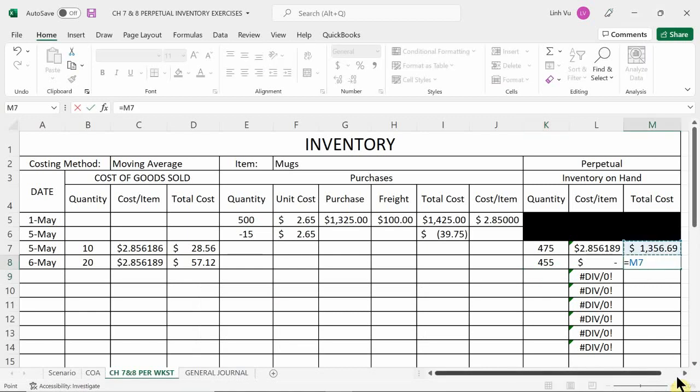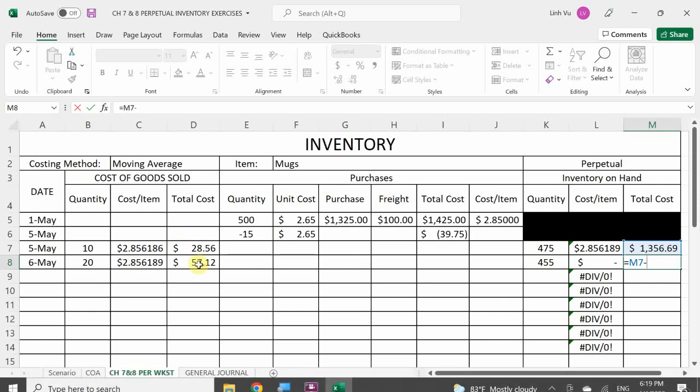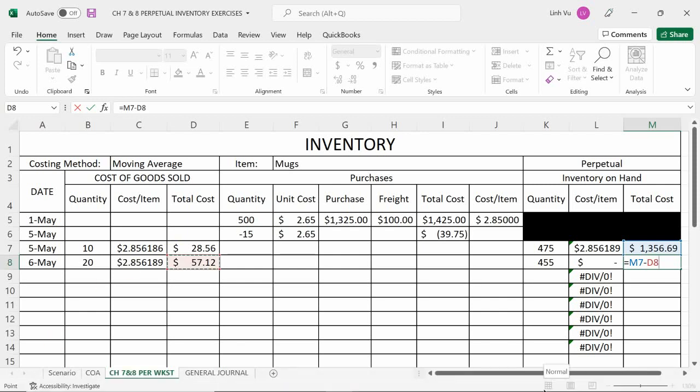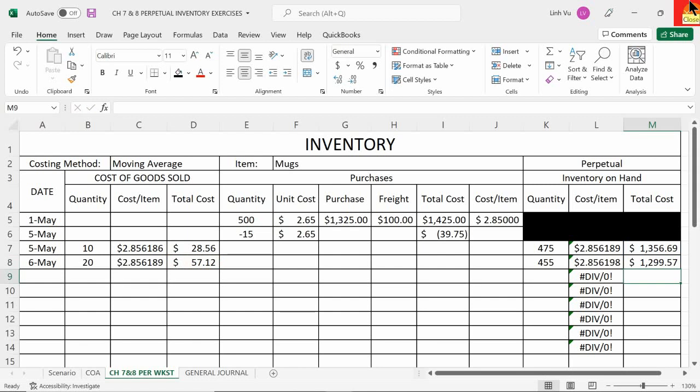Okay. My new total cost, $1356.69, and I sold $57.12. Should leave me with $1299.57. Okay. Which made my cost per item change once again. It's increased by a 10,000th of a penny.